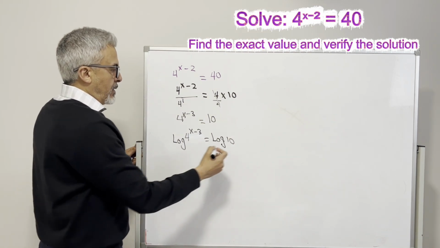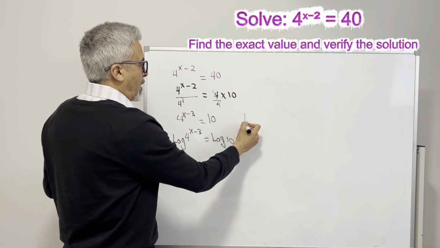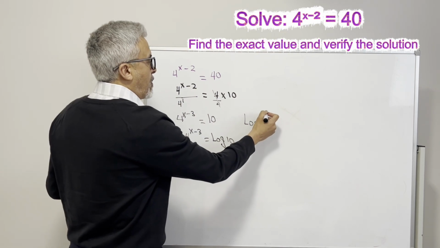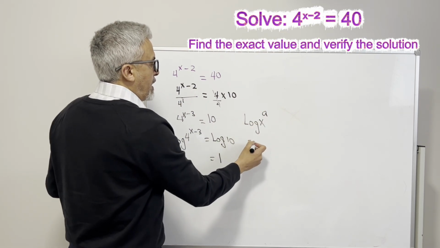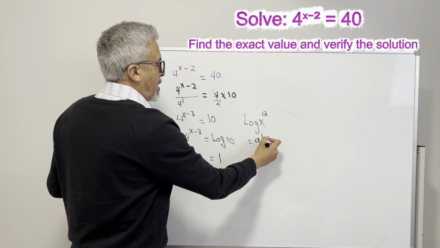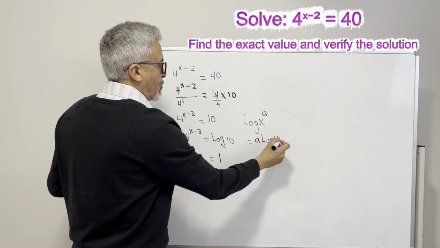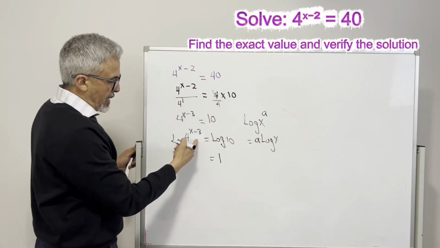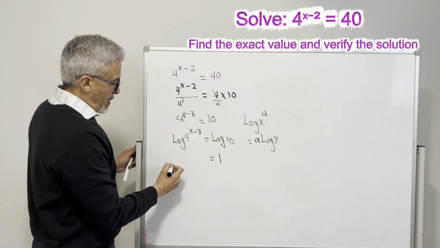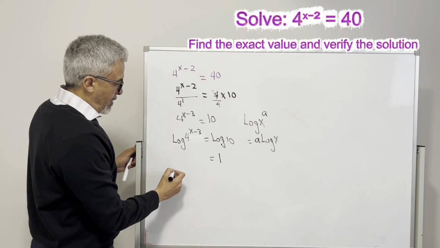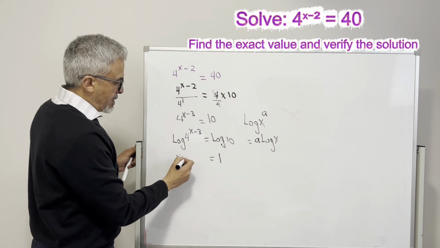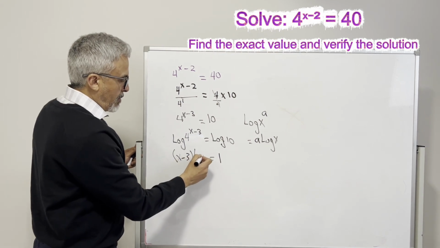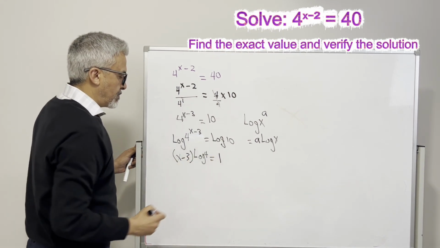And here, you have to go to the log rule that tells you log x to the power of a equals a log x, what we know as the power rule. You could bring the exponent down, and that's what we're going to do right here. And we will have x minus 3 times log 4.